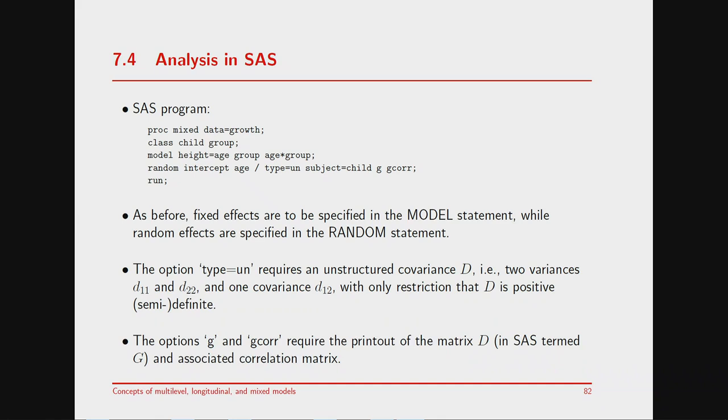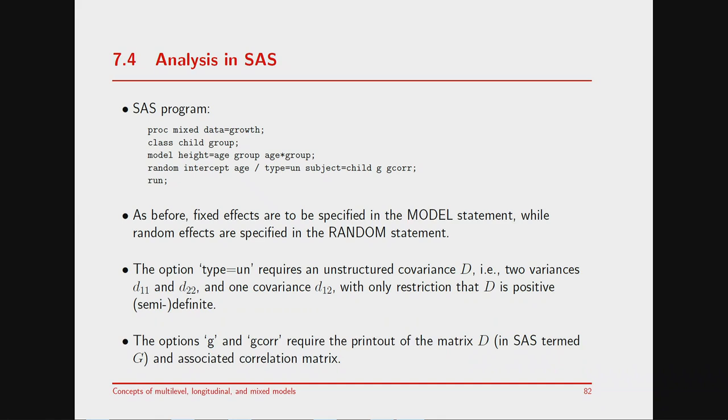But if, for whatever reason, you would want to fit a model where you restrict the covariance to be 0, for example, so if you insist on having a model where the rate of change, the slope, is completely unrelated to the intercept of a subject, you can do that. Then you set this equal to 0, but then you cannot use UN. You need to use another option.